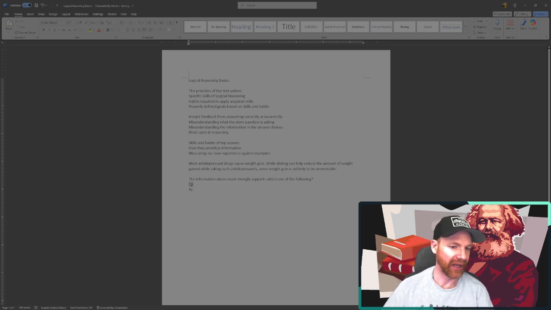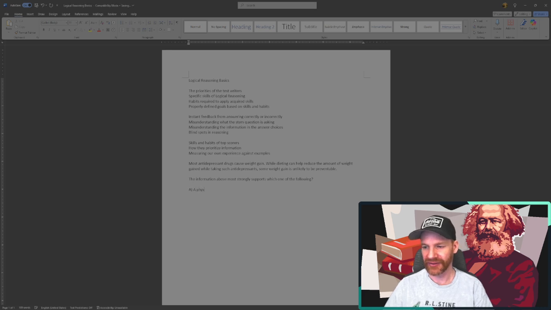I hate the auto formatting in Word. A physician should not prescribe any antidepressant drug for a patient if that patient is overweight.